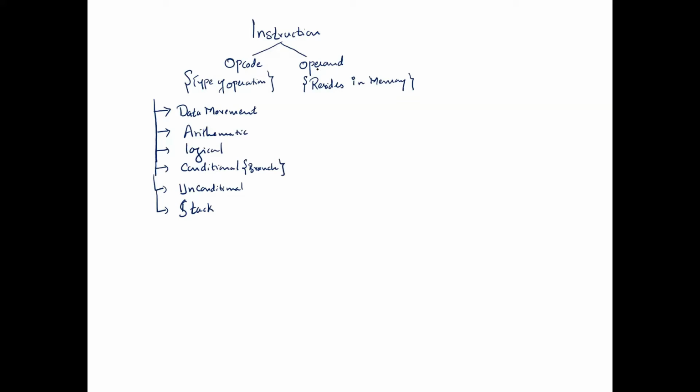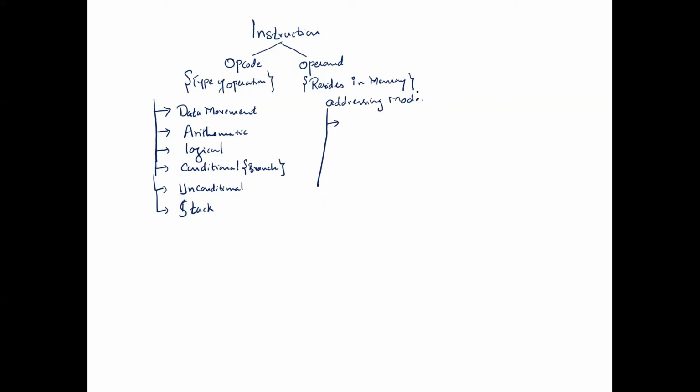Now, based upon the operands, where the operands are residing, they reside in the memory, and there are various ways to access these operands from the memory, and that method is called addressing modes, right? And how many different types of addressing modes do we have?